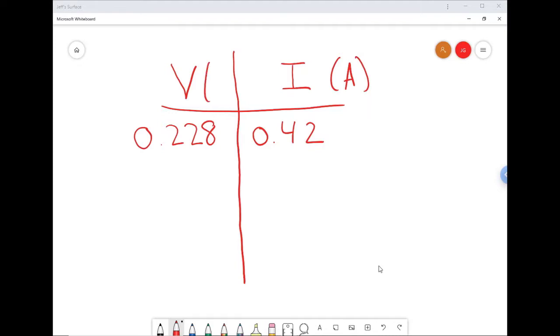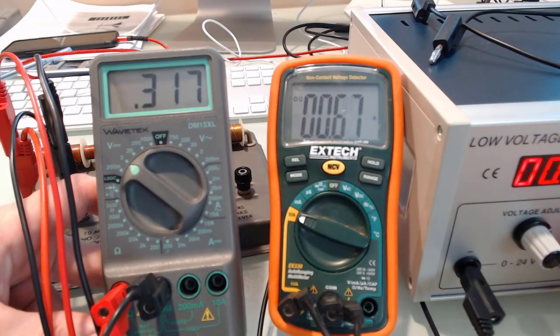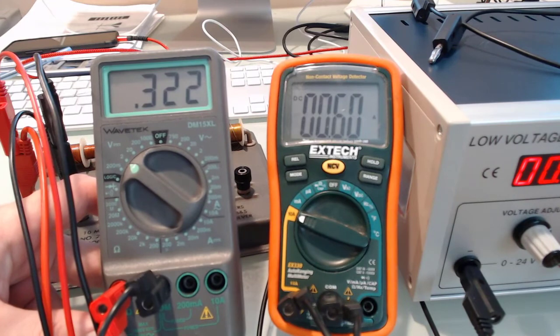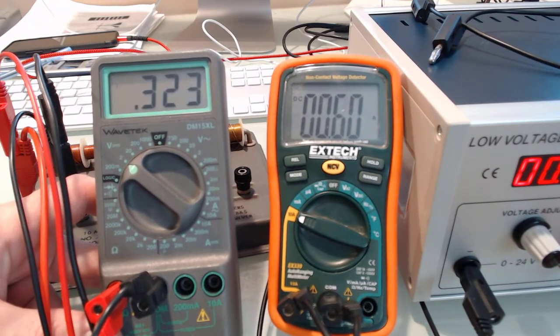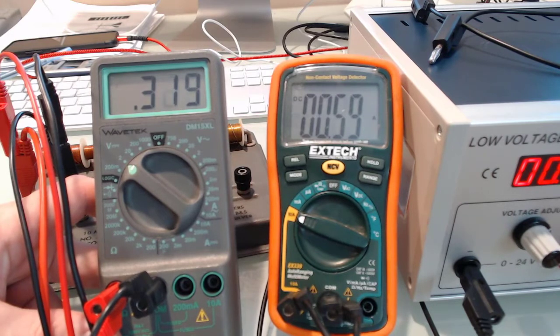That's amps, this is volts. All right, at 0.320 volts, the current is 0.6 amps.